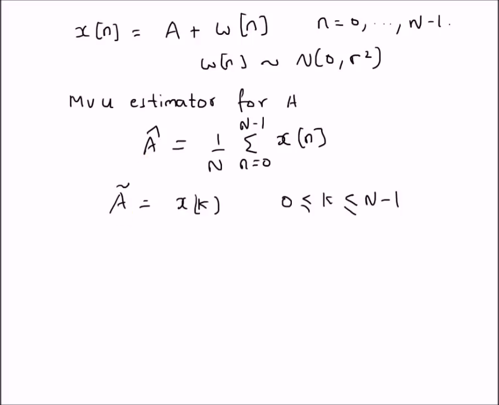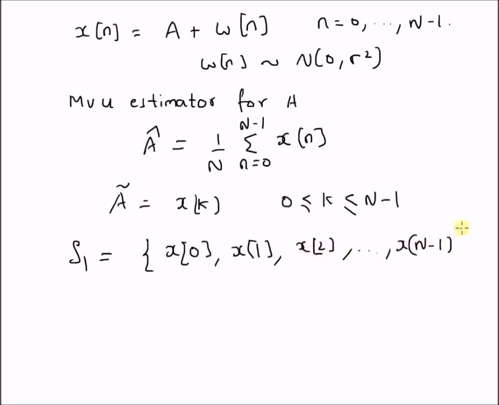So the main question in terms of sufficient statistic is this. That is, we want to look at which part or which data set is sufficient for estimation of the parameter a. That is, for example, in this problem, consider the given data set, that is S1 is equal to x0, x1, x2 and so on up to x of n minus 1.